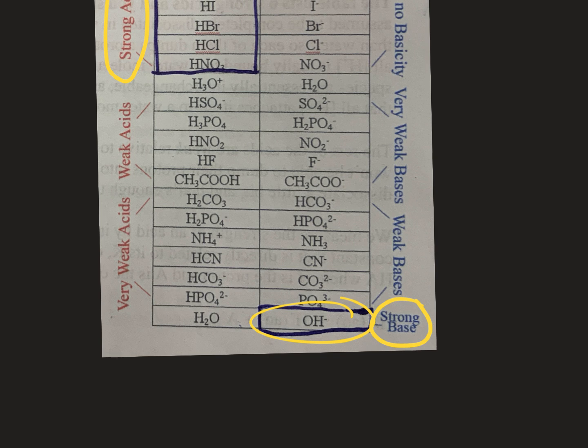It's also a base. And that's the real reason why it's not a strong acid, because it's also a base. What makes it a base? What's the definition of a base? A proton acceptor, right? Can we accept another proton here? What makes it accept a proton?